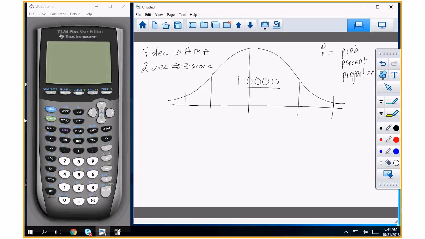Probability is a decimal, percent you change into a decimal, and proportion is a fraction that you change into a decimal. So you have to be careful if it's a probability, a percentile, or a proportion, because sometimes they'll say, what is the 25th percentile?